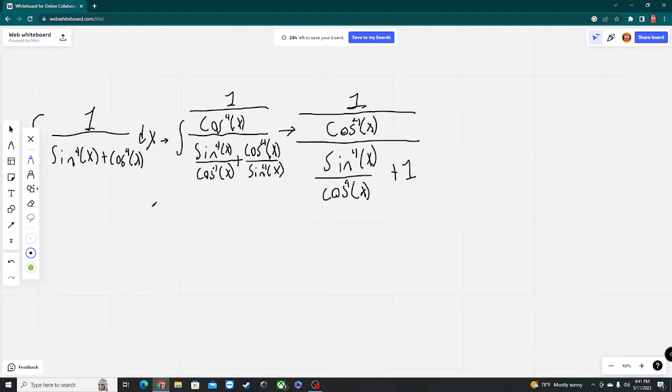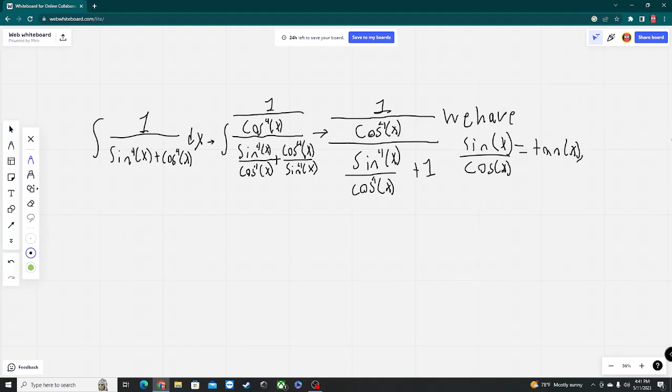Now, let me explain something over here. So we have sine x over cosine x equals tan x.